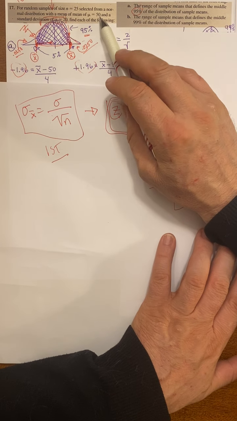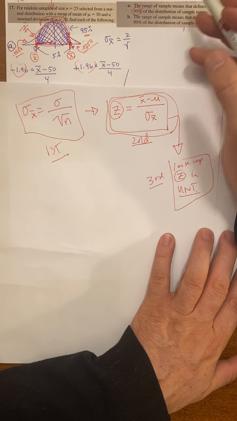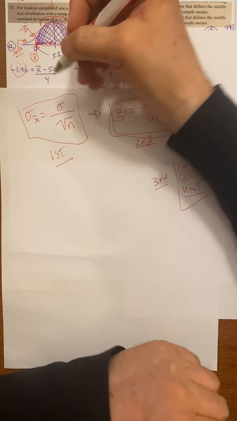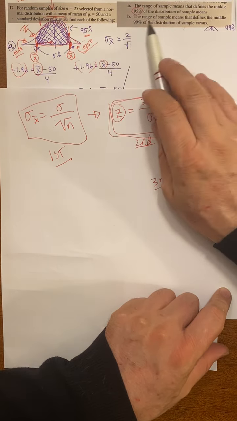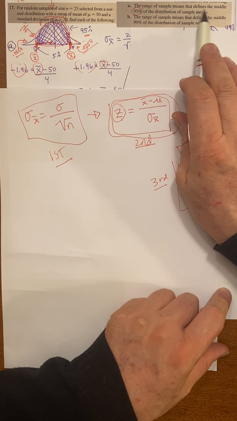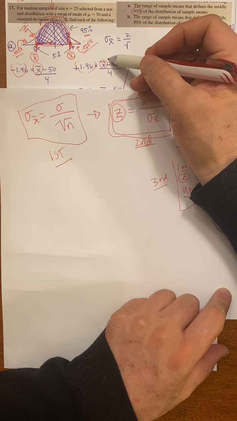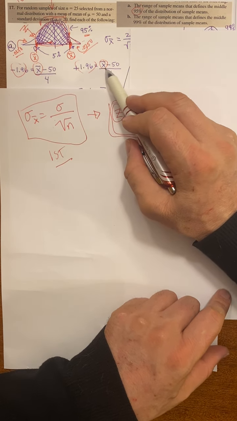They gave it to us here, right? It's 50 there and 50 there. But the value that we're being asked about is this sample mean in each equation, right? So the range of sample means that defines the middle distribution of the sample means. So we're asking, what is that range of sample means? What does that sample mean? And what does that sample mean?